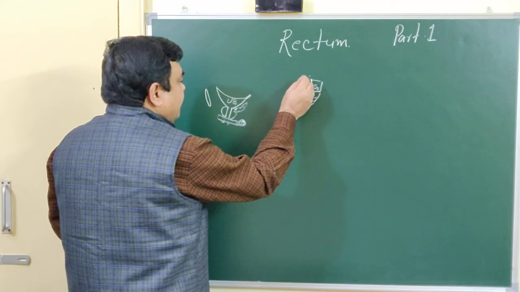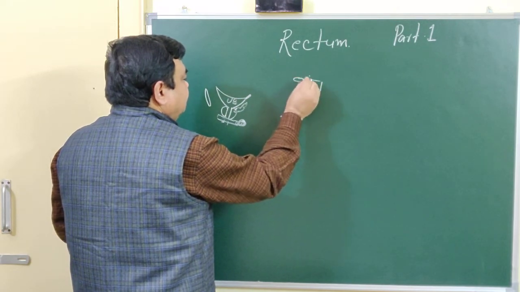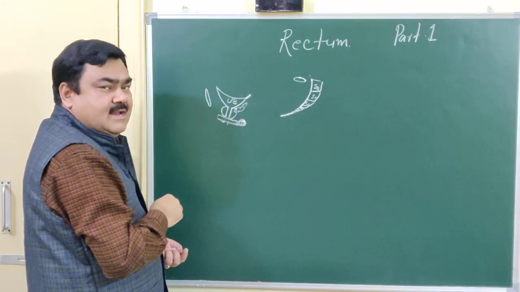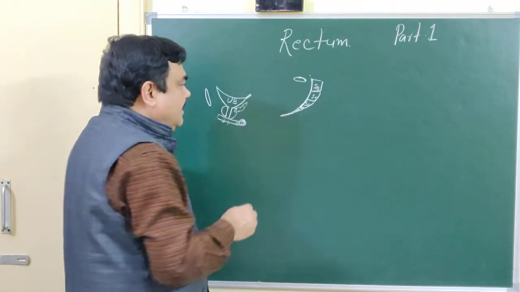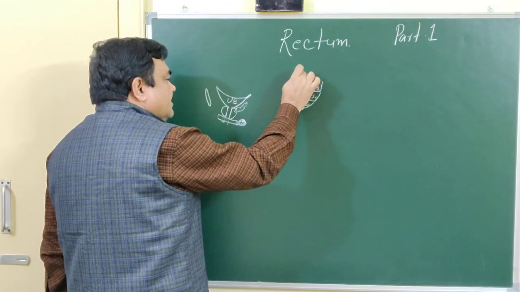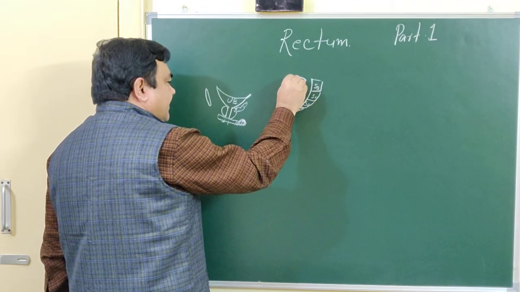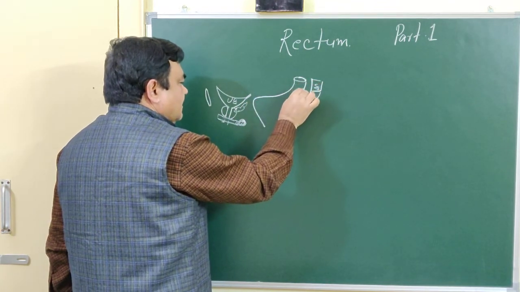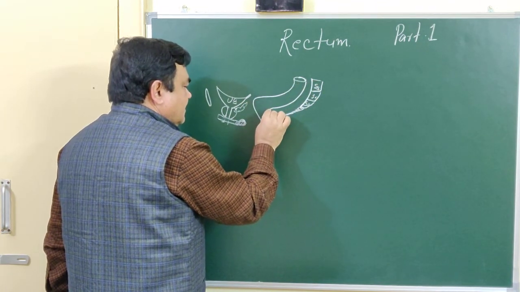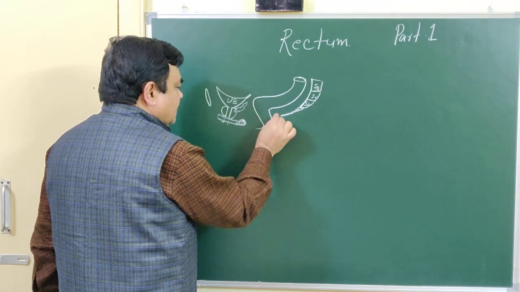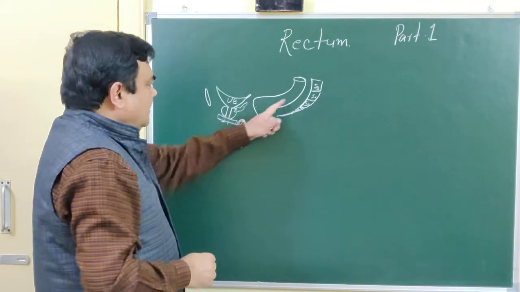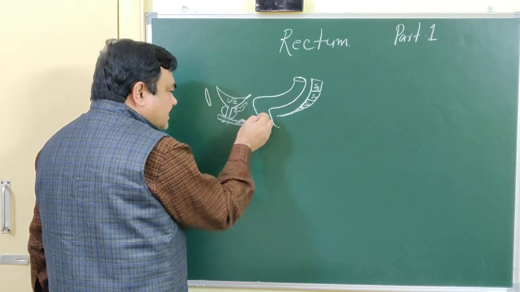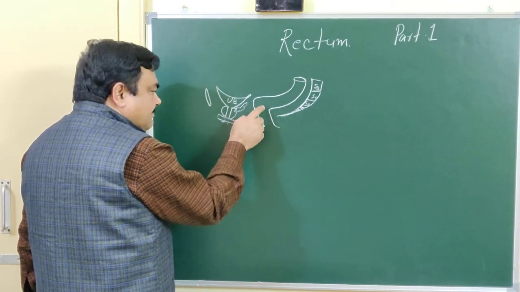And here is the position of the upper end of the rectum, which lies at the level of the S3 segment of the sacrum. This is the upper end, here is the lower end.